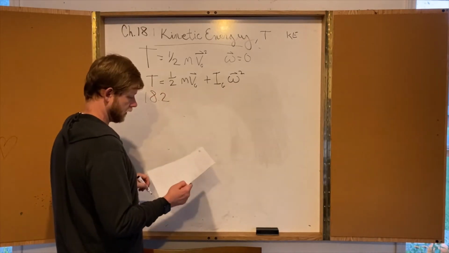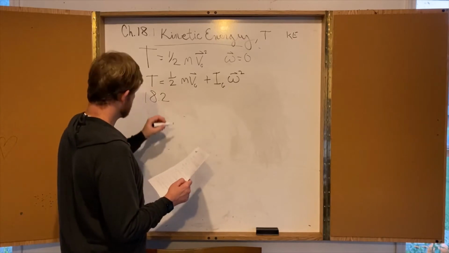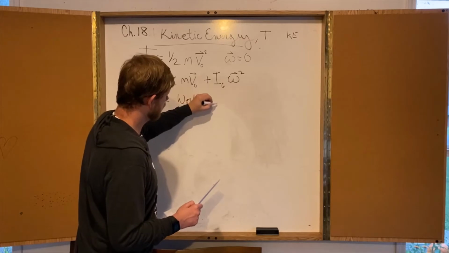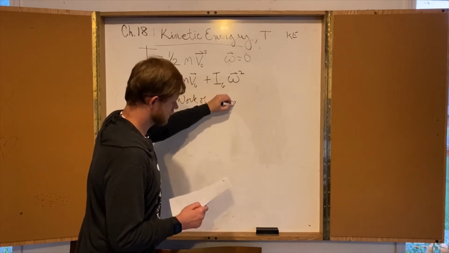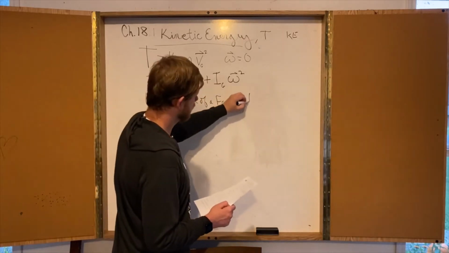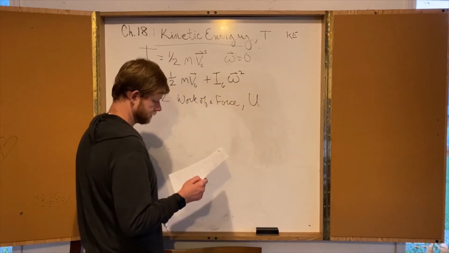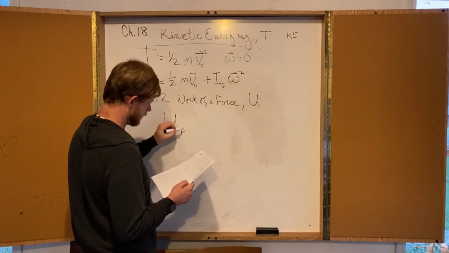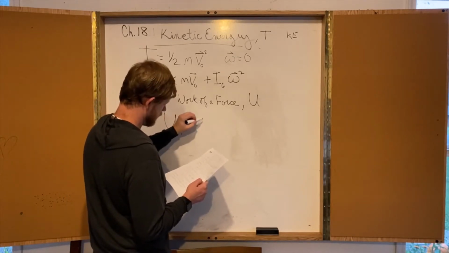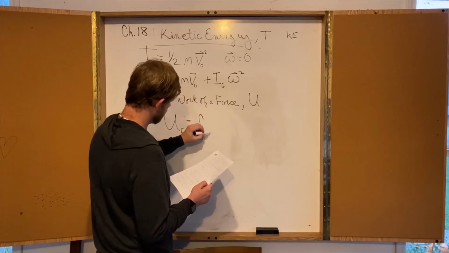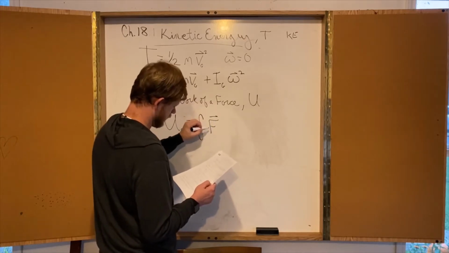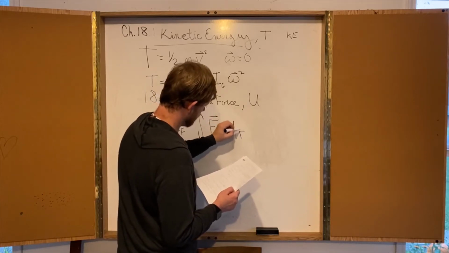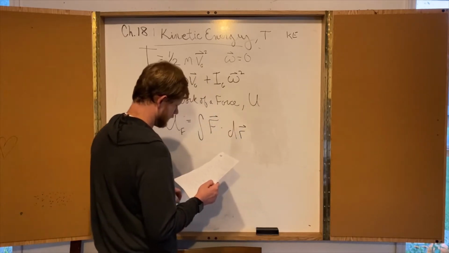18.2 covers work of a force, which we're going to call U. So the work of a force is equal to the integral of force, which is a vector, times the differential of the radius.